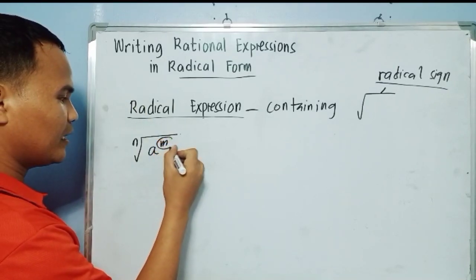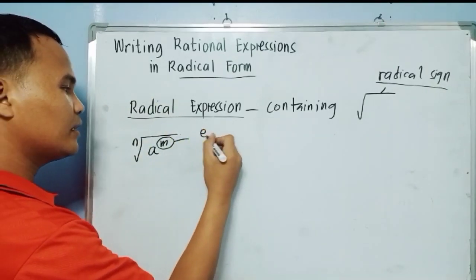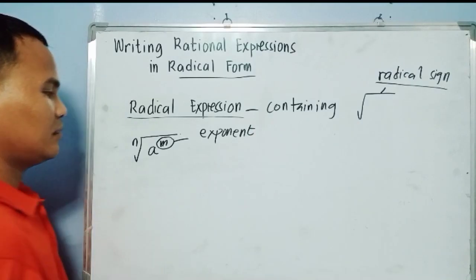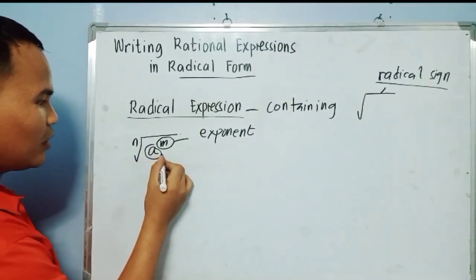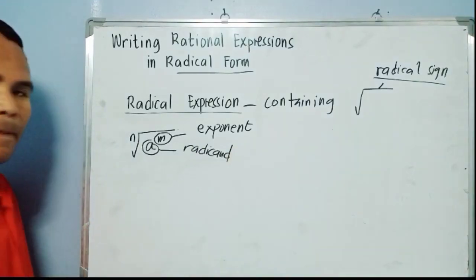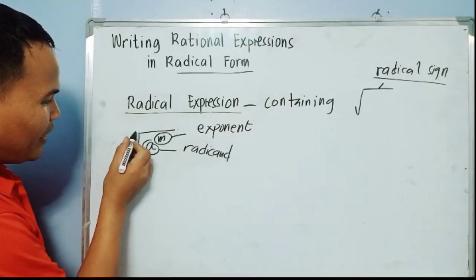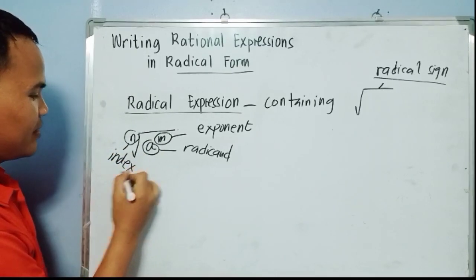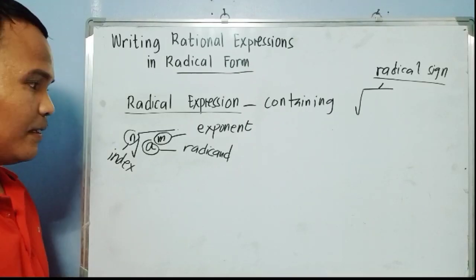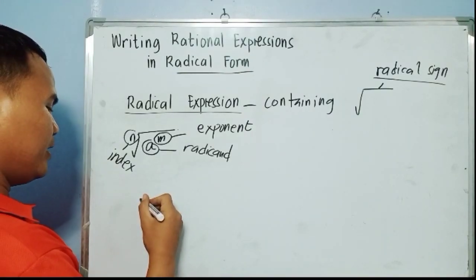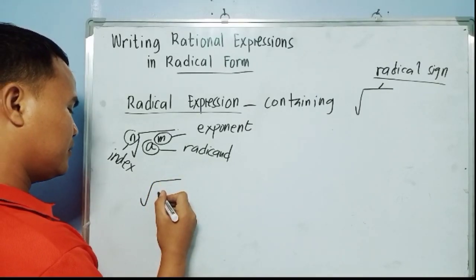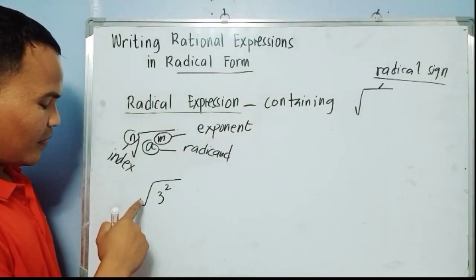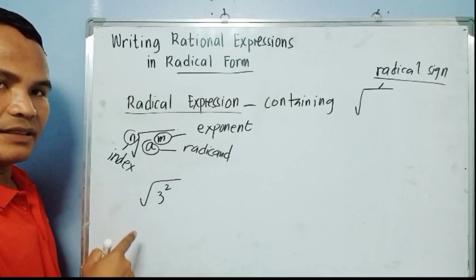M in this form is called the exponent. A is called radicand. And n is called the order of the radicand or the index. Okay? For example, if we have here the square root of 3 squared.